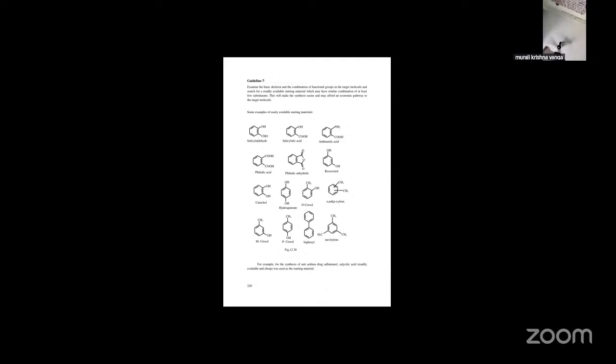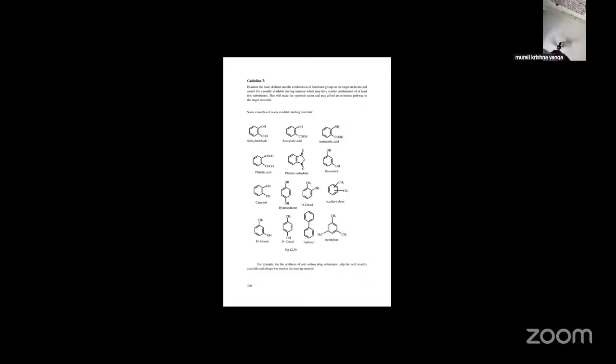Guideline 7. Examine the basic skeleton and combination of functional groups in the target molecule and search for readily available starting materials which may have a similar combination of at least a few substituents.